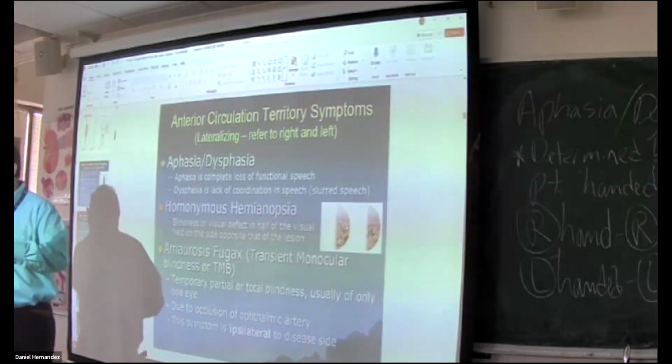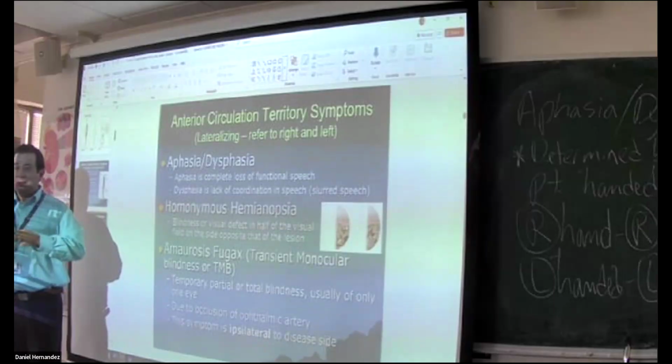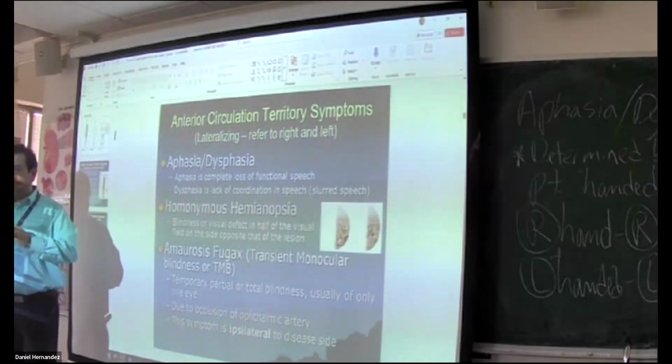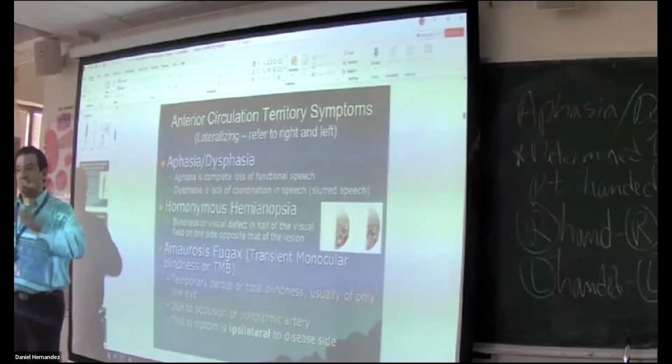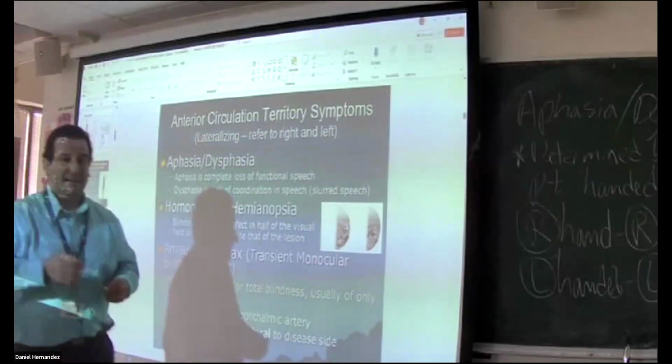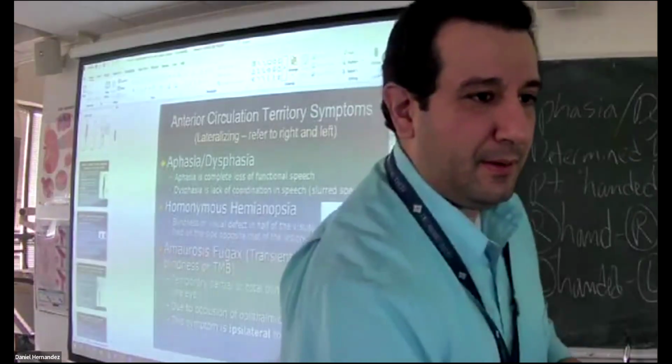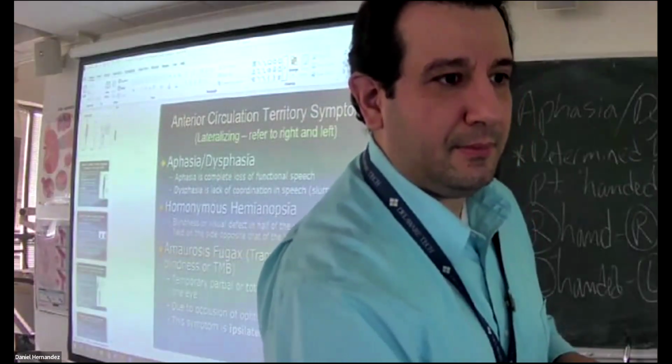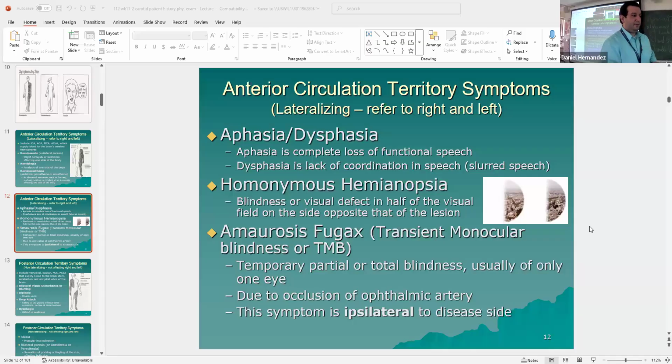So if I have partial or temporary blindness in one eye, I know it's the same side ICA. If it's left eye, it's left ICA. Right eye, it's right ICA. It's due to occlusion of the ophthalmic artery, and it's ipsilateral, the same side where the disease is.